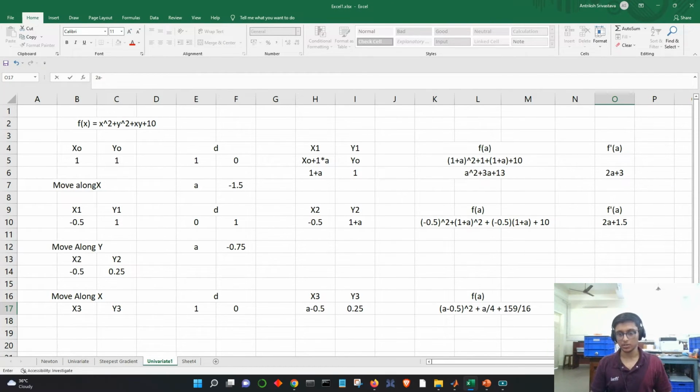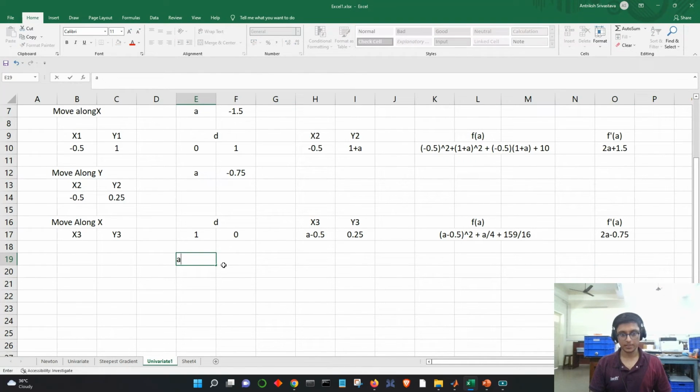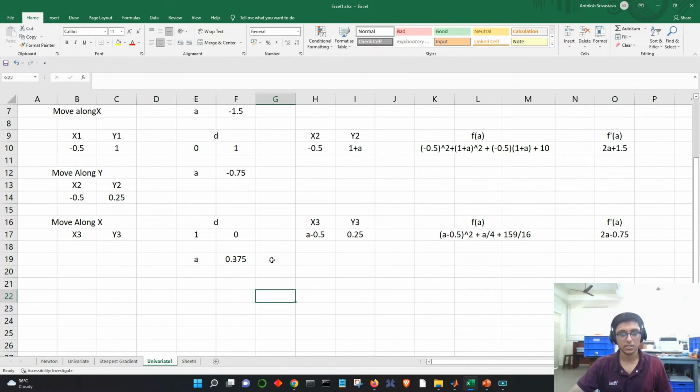Correct. Very good. That's what we will get. So we'll have our a value as, we can just leave it at that, plus 0.375, it seems. Yes, we have our a value as 0.375.